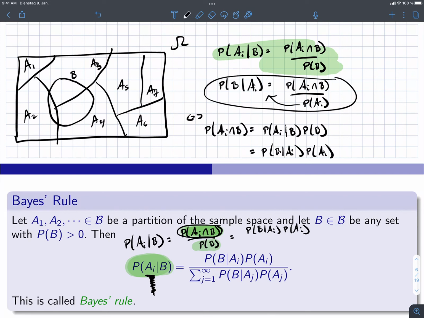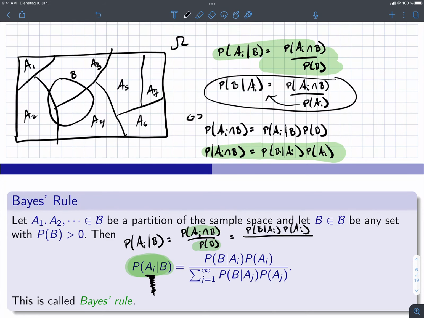So let me write this here. I'm using this to go from here to here, and that gives me the numerator of Bayes' rule.